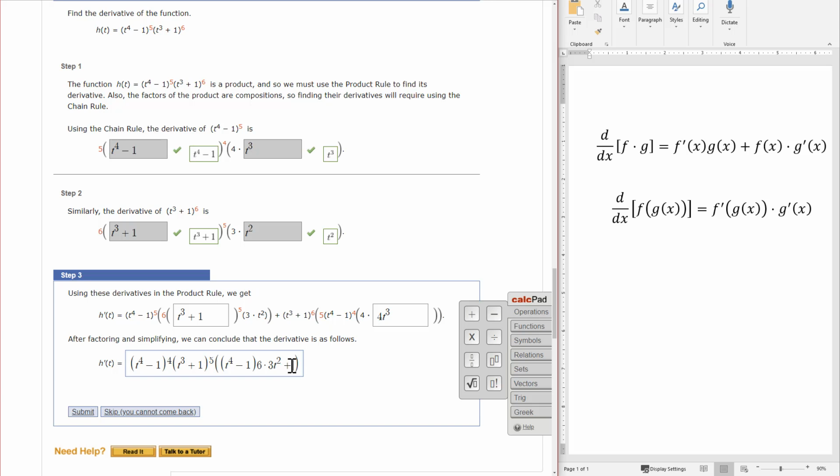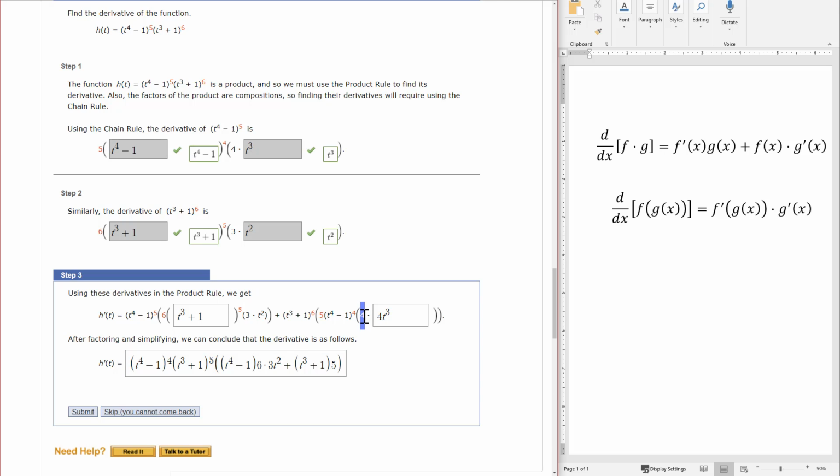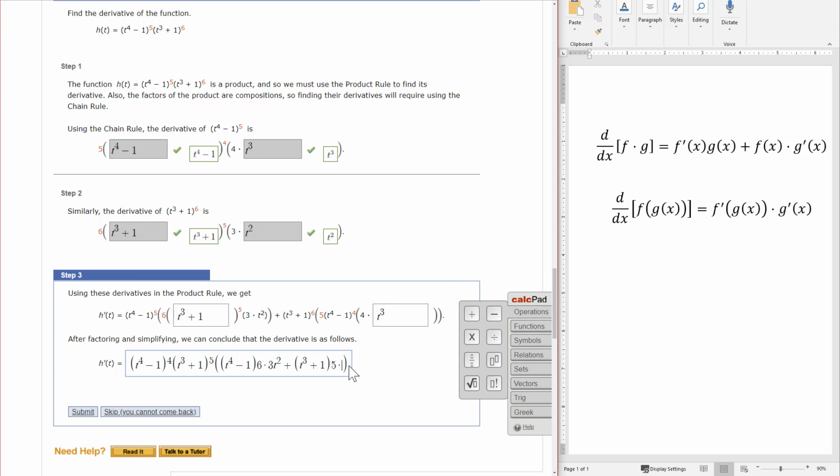So I have a t cubed plus 1. I'll have 1 of those left over, and then it looks like I have a 5, and then I have a 4 times, oops, there's a 4 already here. Let me double check that. I think I have an extra 4 over there, so let me erase this, and now I have 4t cubed.